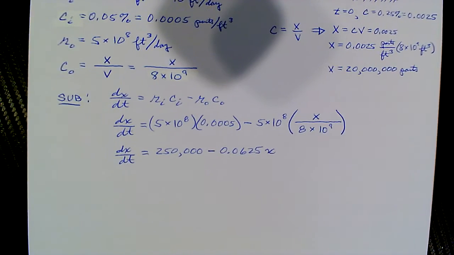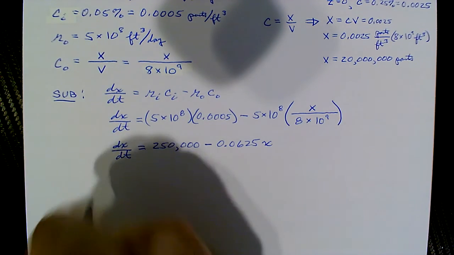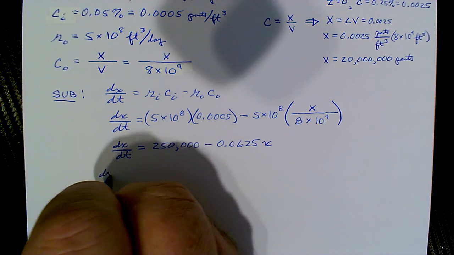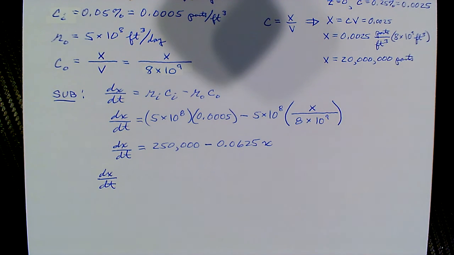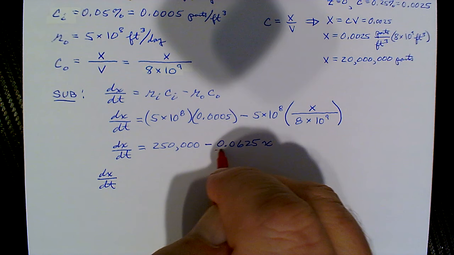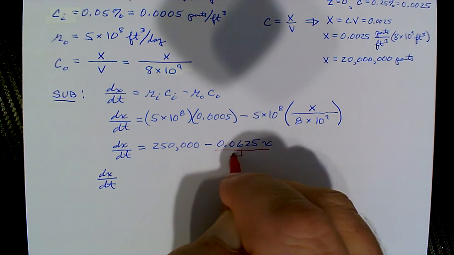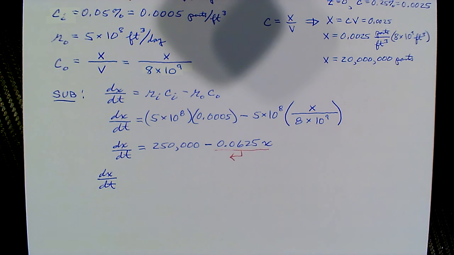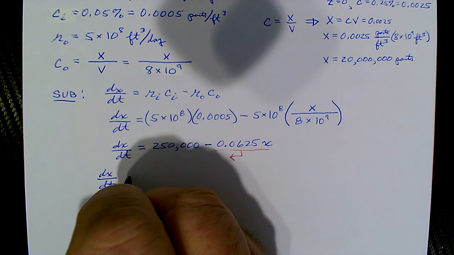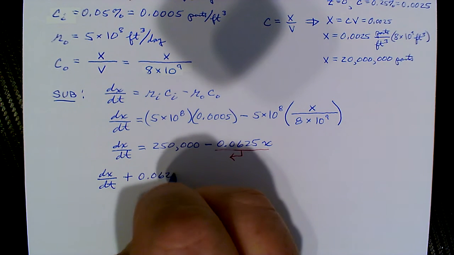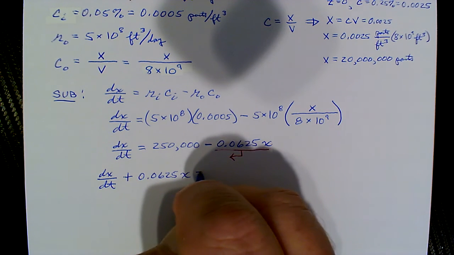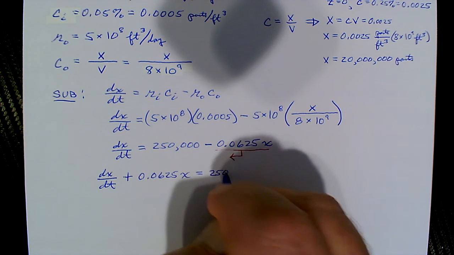We'll set this up to fit the standard form for our linear differential equation. We'll move the x term to the left-hand side, so that becomes plus 0.0625x equaling 250,000.